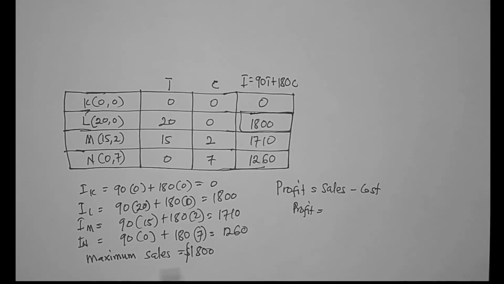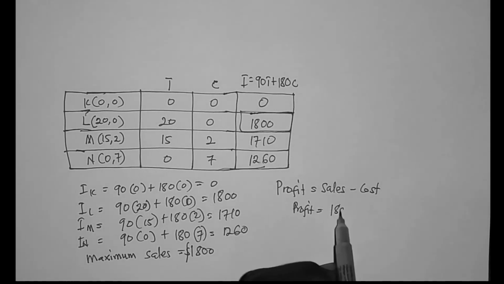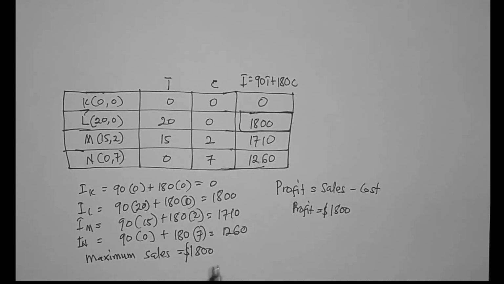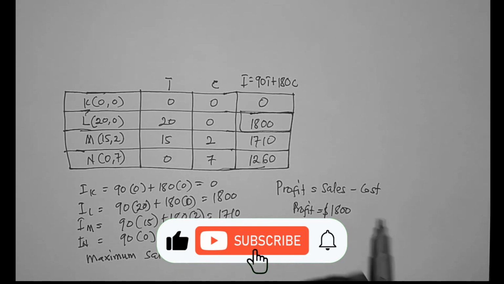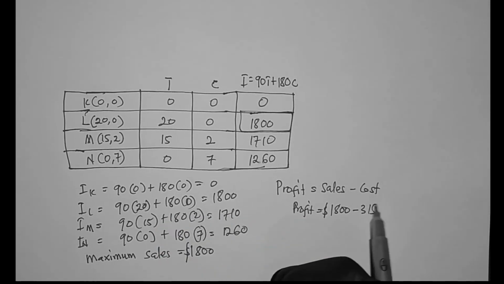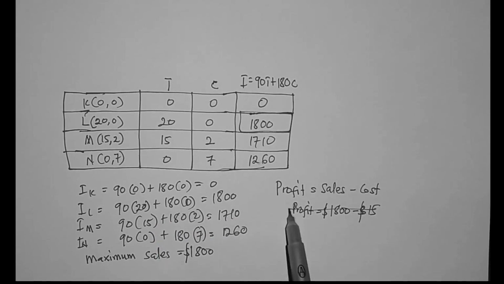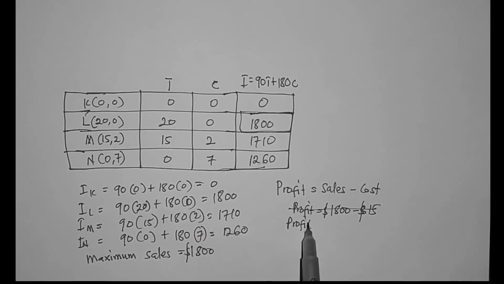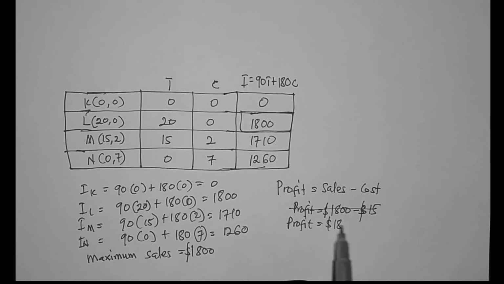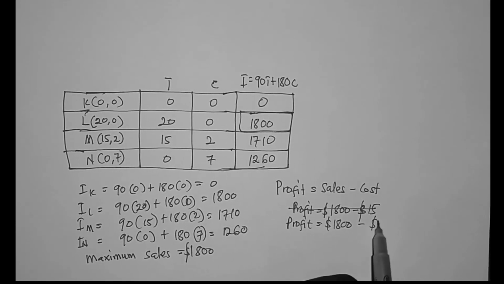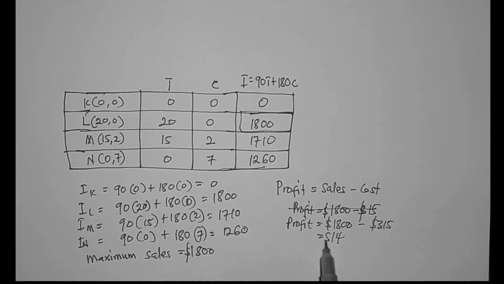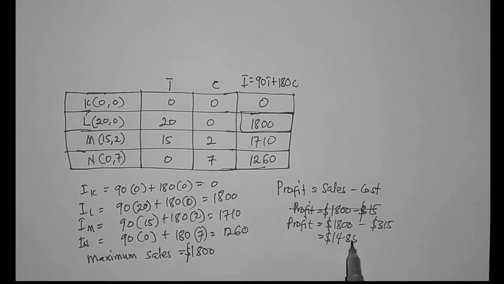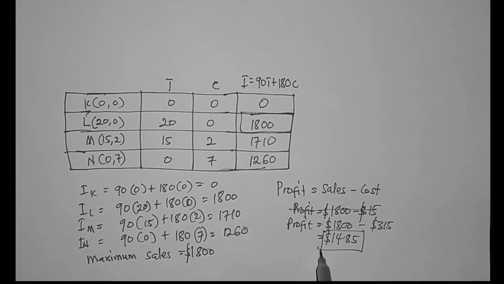From what we found, the maximum sales he makes is $1,800, and from the question, he limited his cost to $315. So minus $315. Let me write it well. The profit is equal to $1,800 minus $315, and that is equal to $1,485. So this is the maximum profit that he makes.